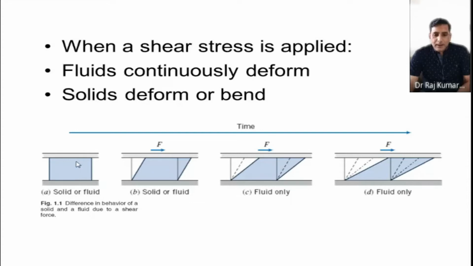Now you have applied a small force, so this has moved from here to here. This movement is possible in both materials, fluid and solid, because both can move to some extent.